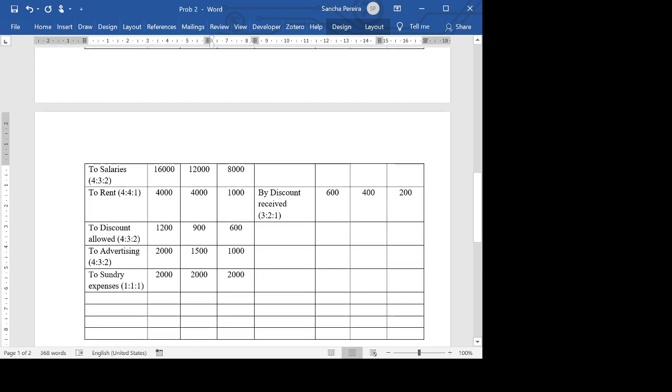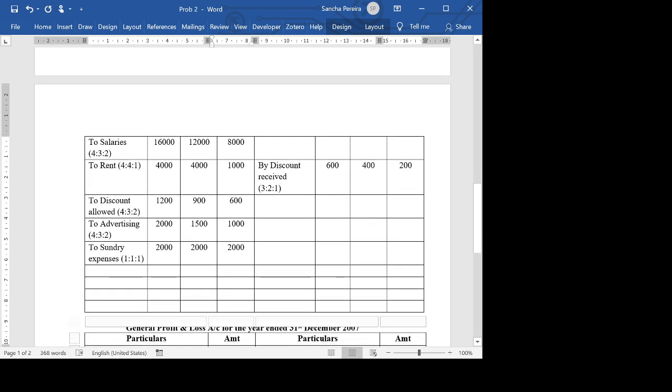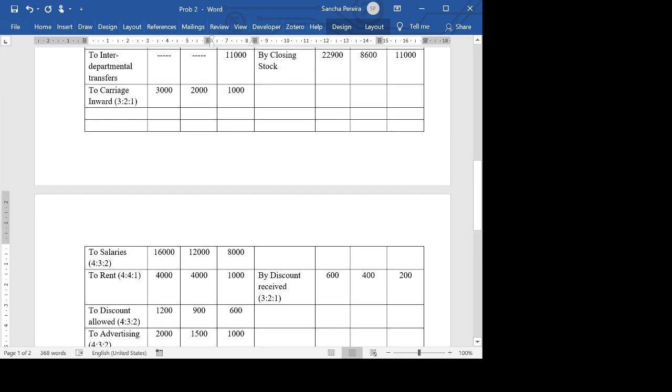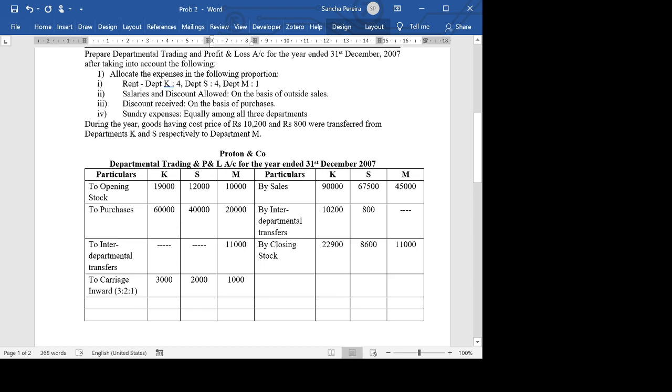So right now we need to just calculate our gross profit. If you total this, I think the credit is higher than the debit. So we will get here 1,23,100. Then you get 76,900, and you also have 56,000.